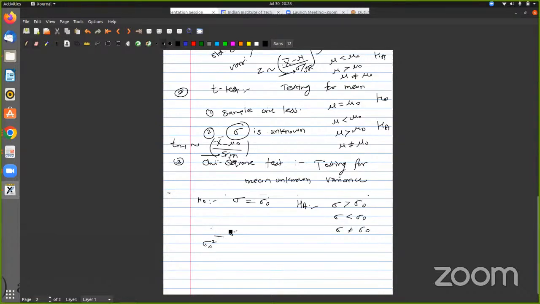So I can remember this as n minus 1 times s square by sigma square belongs to chi-square with n minus 1 degrees of freedom. Similarly, for the z test, x bar minus mu upon sigma by root n belongs to the normal 0 1 curve.